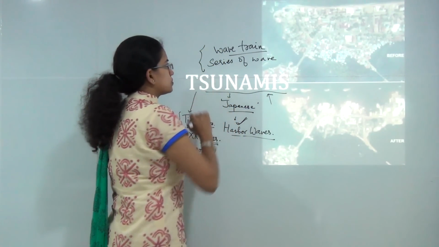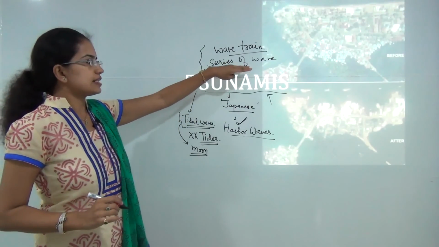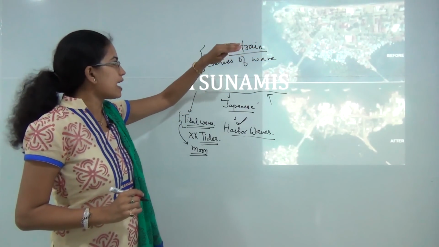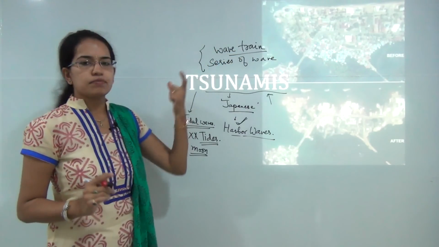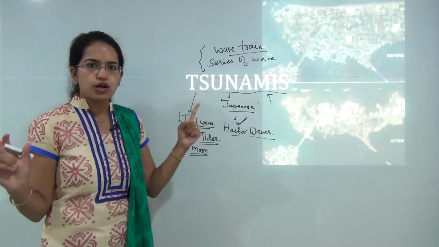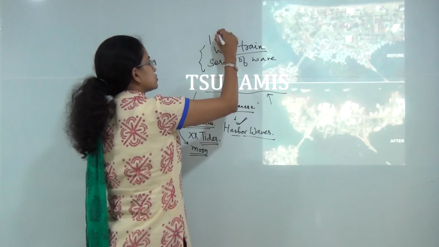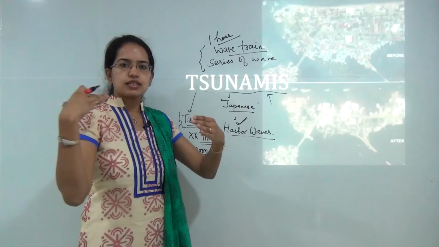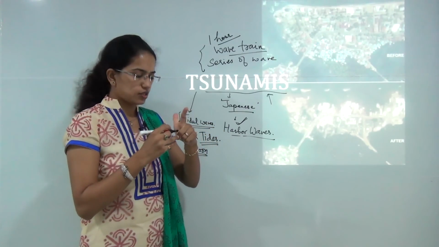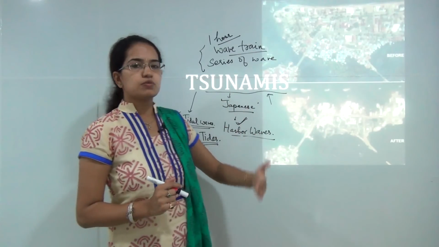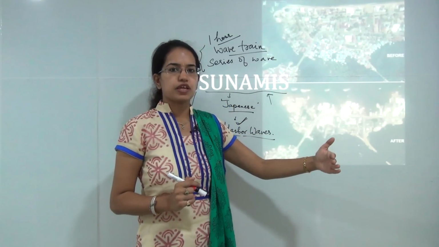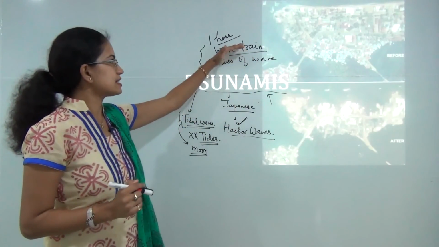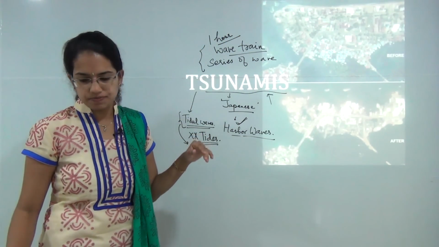Another important thing to note is that, although tsunamis are wave trains, the difference between two consecutive waves can be as large as 1 hour. People usually believe there is a sudden gush of water towards the coast, but the difference between two consecutive large waves that strike the coast could be as high as 1 hour or 2 hours.